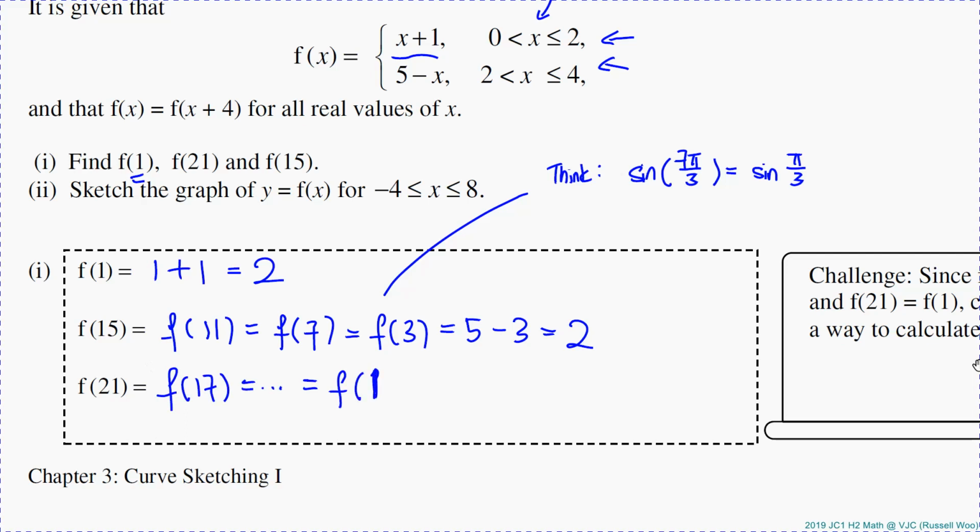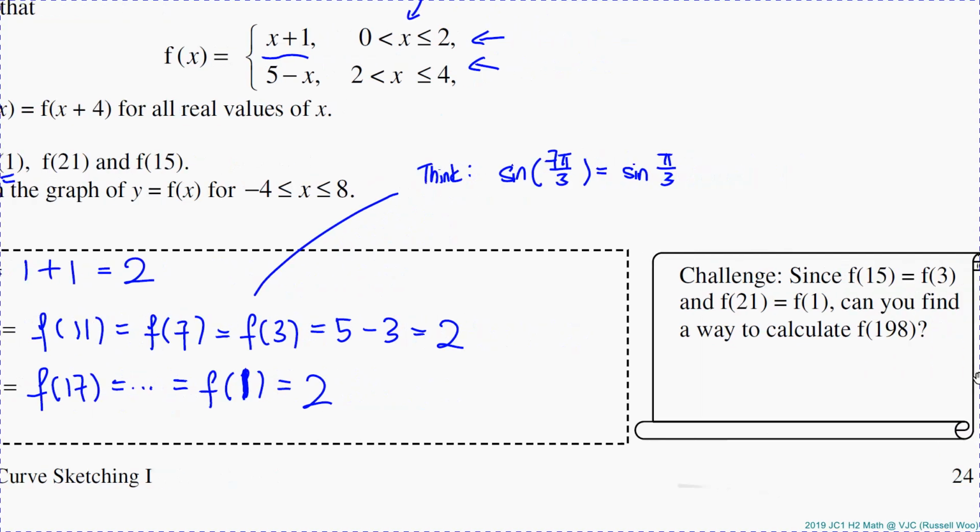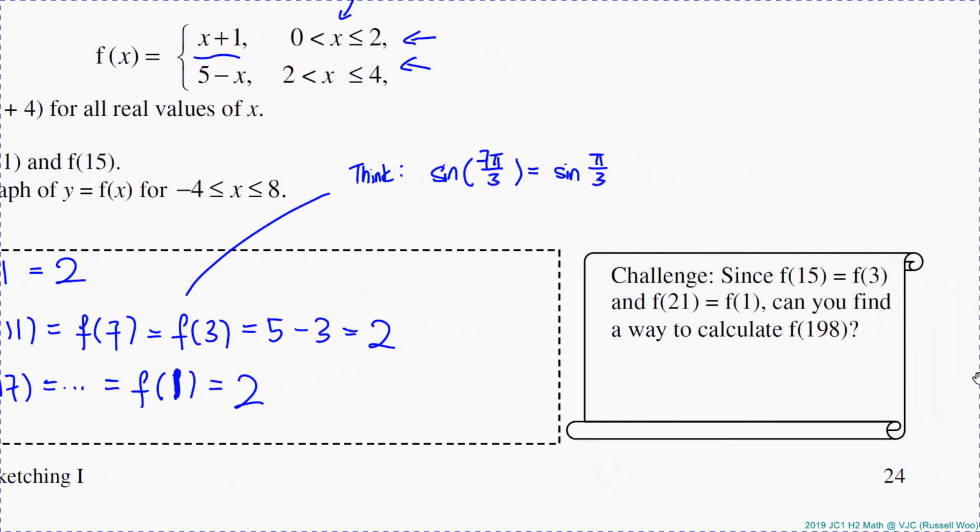What is f(1)? f(1) is 2, as we calculated earlier. So, challenge: do you know how to calculate f(198)? You write on your own, I don't want to go through. As long as you know to minus 4, minus 4, minus 4, minus 4, you can do it on your own, I'm sure you can.